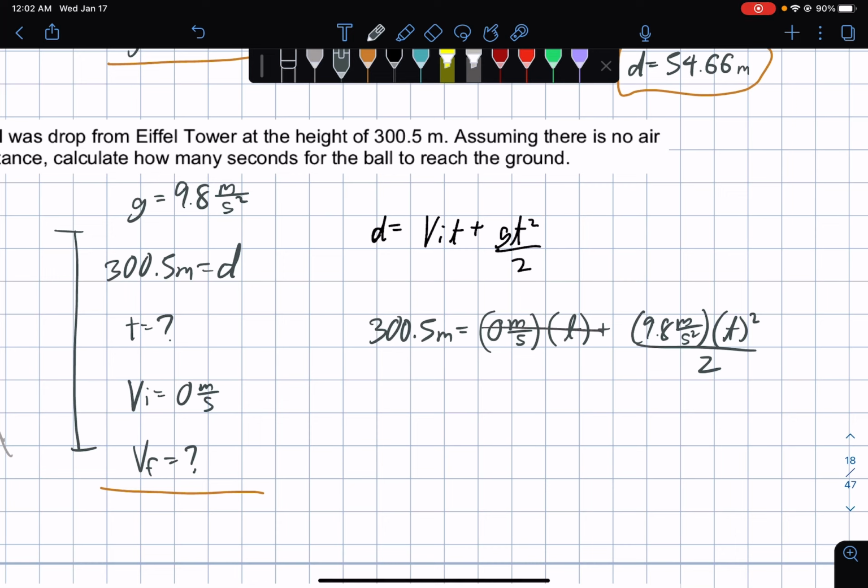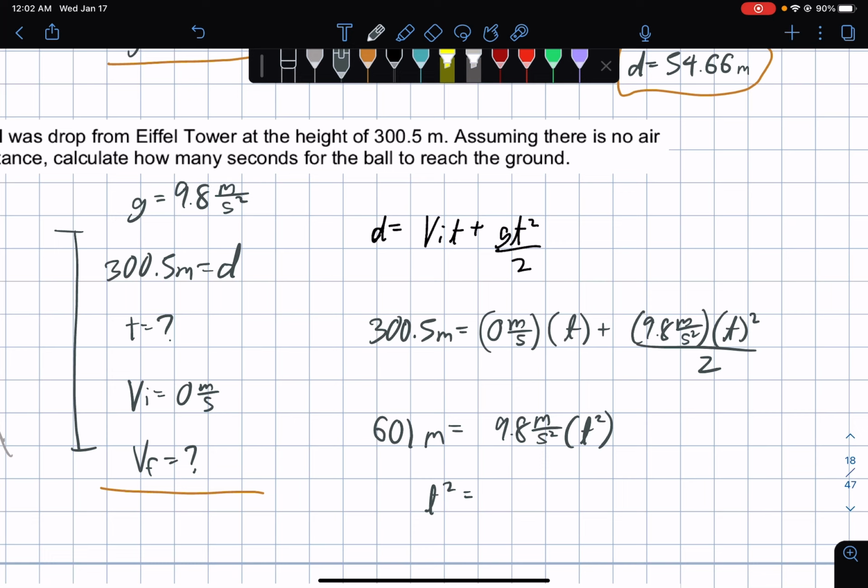This will cancel. I suppose we have to multiply both sides by 2, so 600.1. No, 601. Divide both sides by 9.8. What do we get?